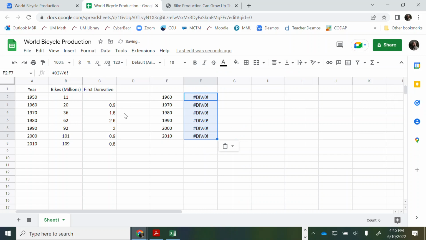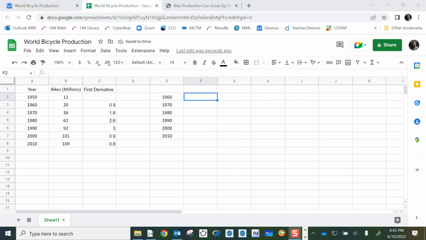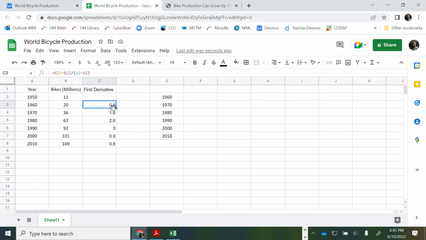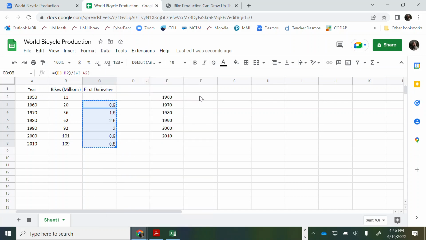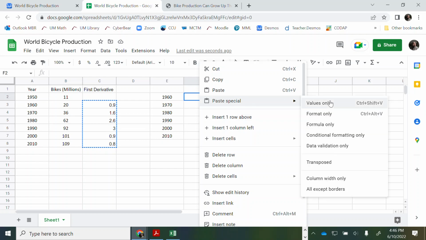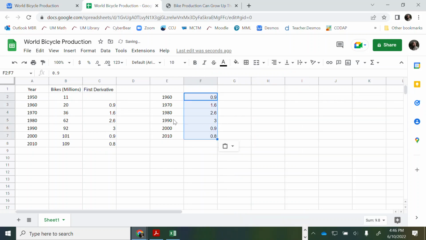So values only didn't work. Let's try that again. I don't know why it didn't work the first time, but I'm just highlighting that and hitting copy, and then I'll highlight this and hit paste special values only. There it goes. So this is year and first derivative.